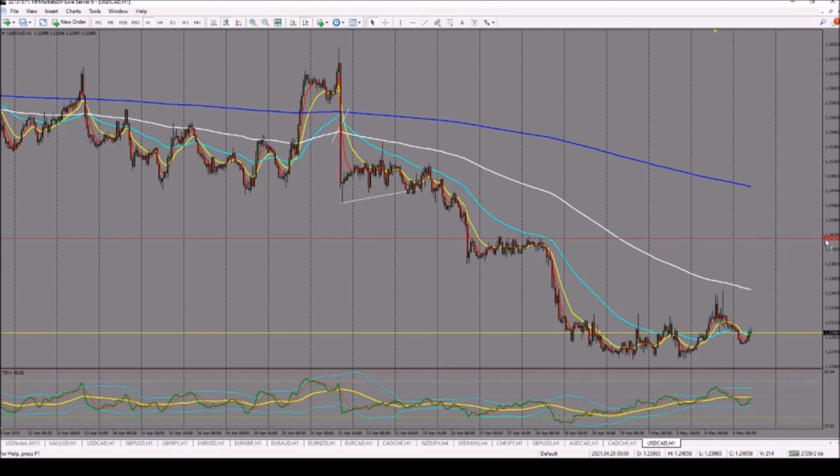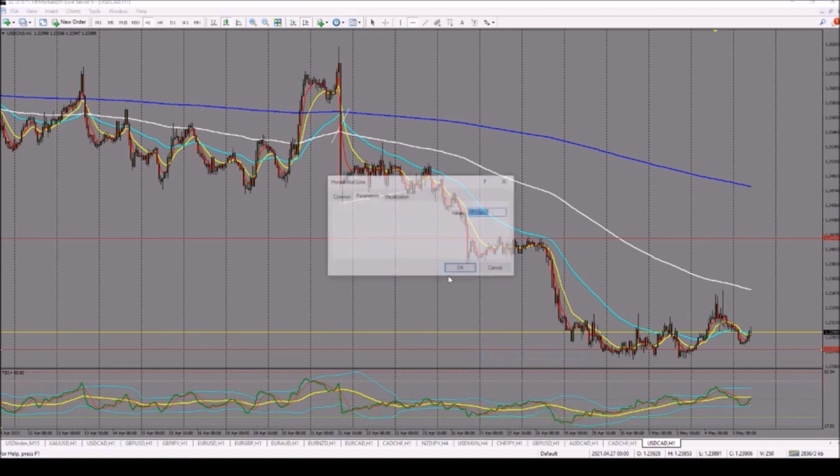So this is 1.2415, minus 161 pips, an average drop that we got from these 2 drops, and our price will be 1.2256. I hope you can calculate some pips.